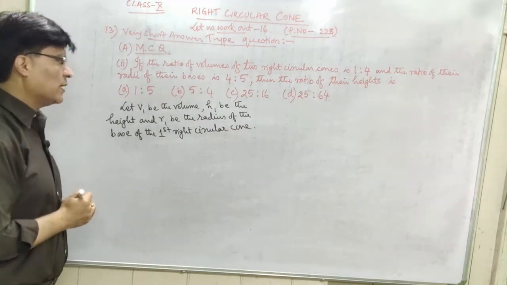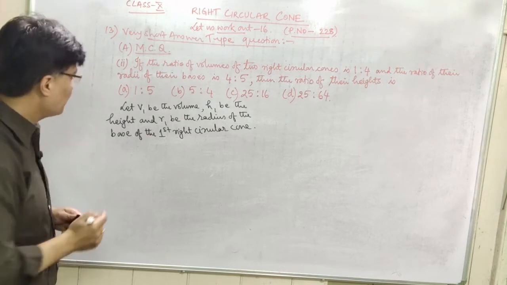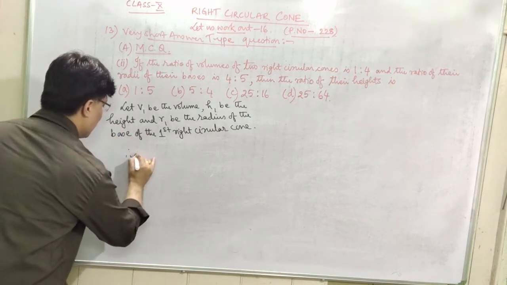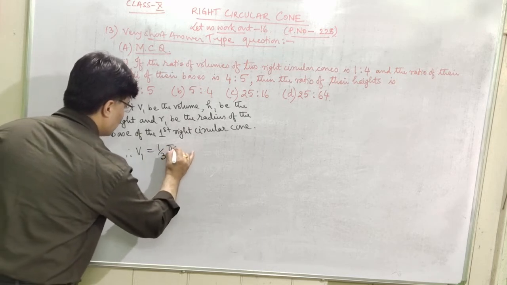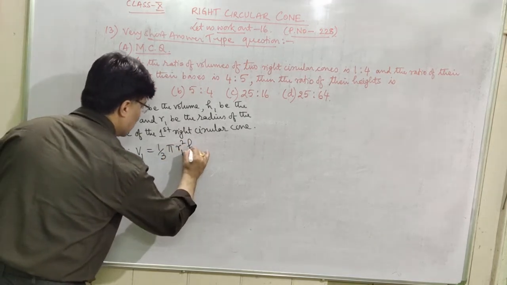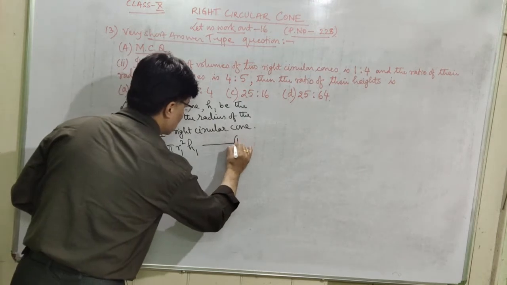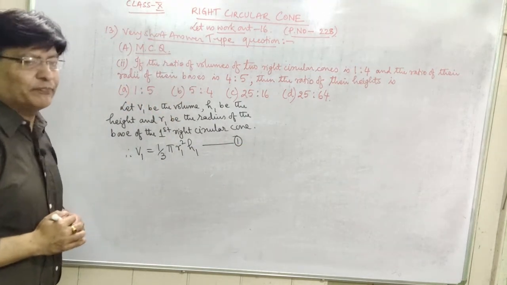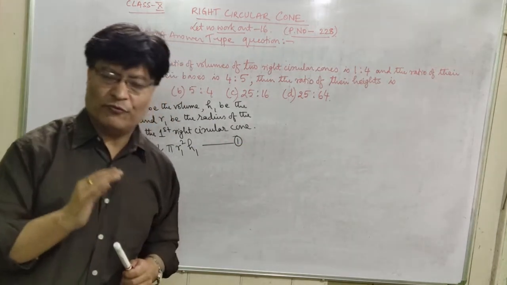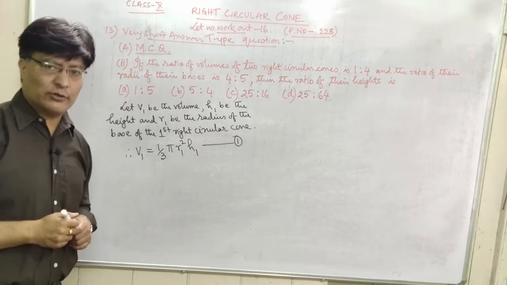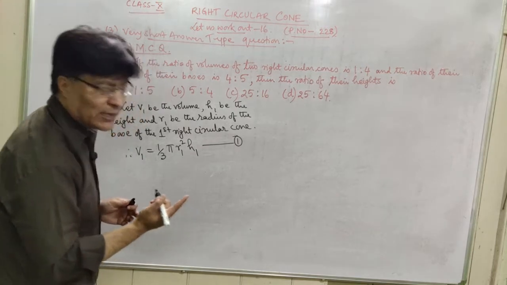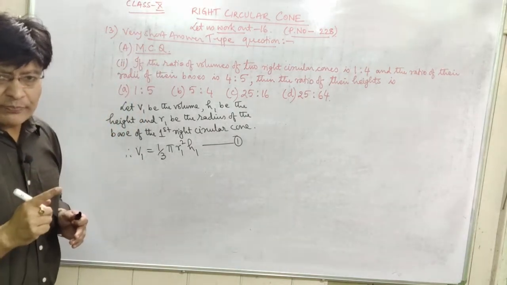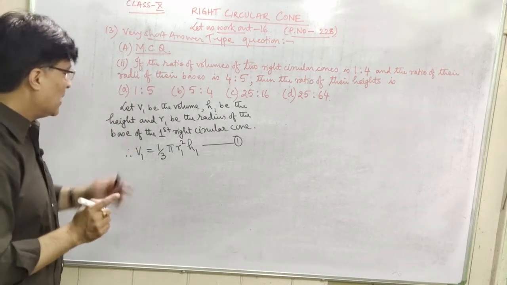Okay, now in this case you can use the formula V1 is equal to 1/3 pi R1 square H1. Let us mark it number 1. Okay, so this is the volume formula for the first right circular cone. So let us assume for the second right circular cone, volume V2, radius R2 and height H2.